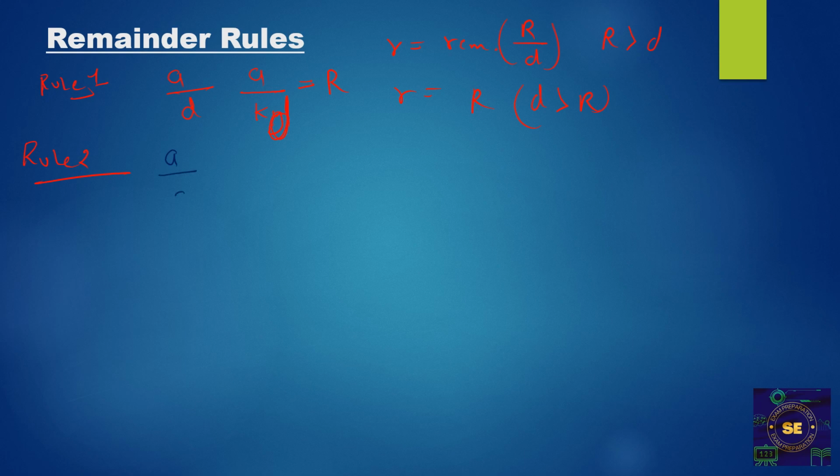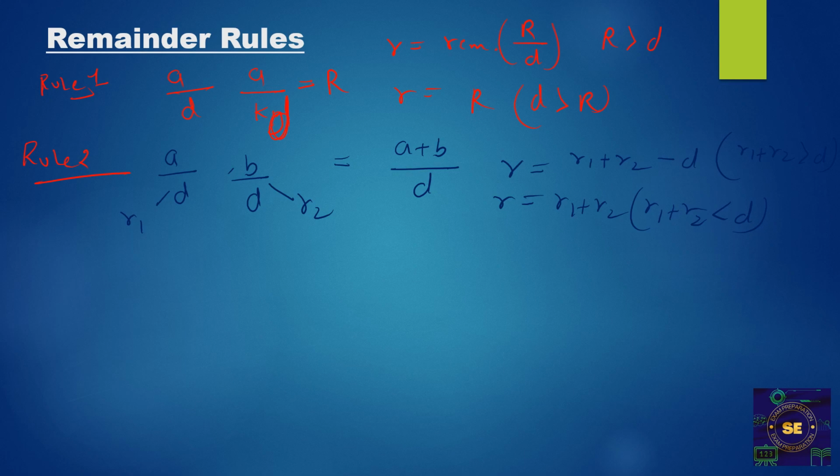If a is divided by d, b is divided by d, and the remainder of a by d is r1 and the remainder of b by d is r2, then a plus b when divided by d will give a remainder r1 plus r2 minus d when r1 plus r2 is greater than d, or the remainder will be r1 plus r2 when r1 plus r2 is smaller than d. So this was rule number 2.